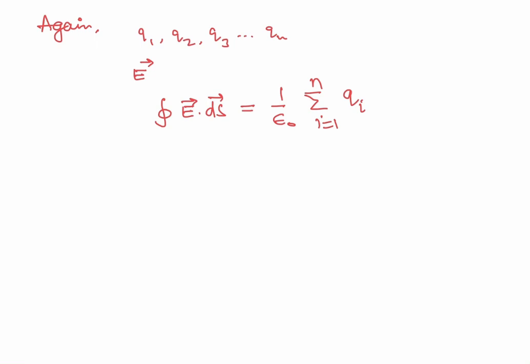This result can also be generalized in case of a continuous charge distribution, and then in that case the electric flux over the whole area can be given as 1 by epsilon naught integral rho dV.